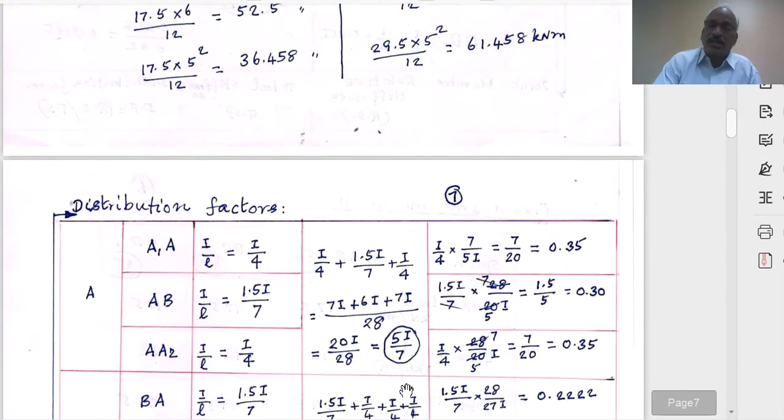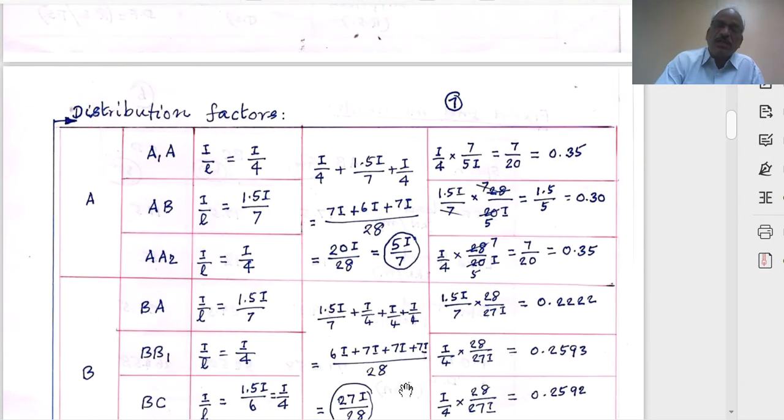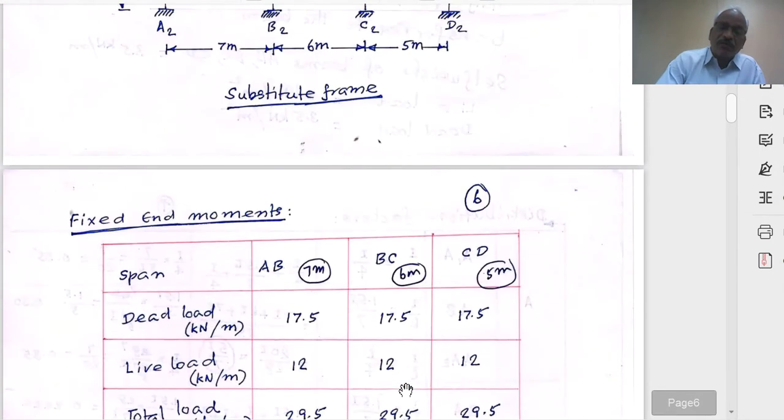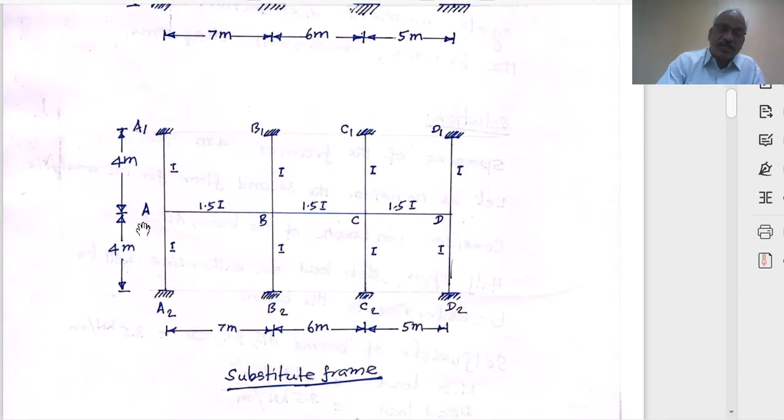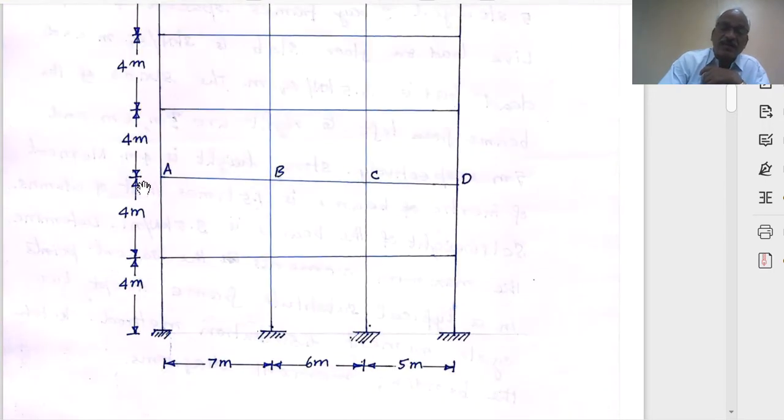Now, before that, we have to find out the distribution factors. Before going to the moment distribution, we have to find out the distribution factors. For calculating the distribution factor, this is the substitute frame, because we have decided to analyze the second floor, A, B, C, D. So, AB is 7 meters, BC is 6 meters and so on.